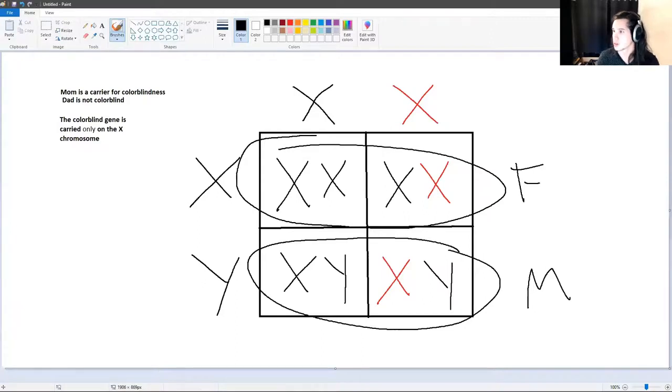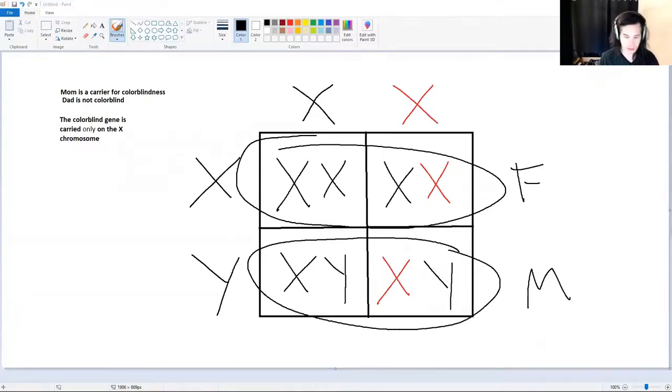Oh, also know the difference between pleiotropic and polygenic. Here, I'll just type this out. So know the difference between pleiotropic and polygenic.